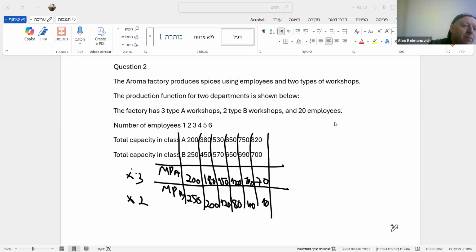Okay, so let's put them on our slots. So we begin from the biggest marginal product, which is 250. So it's labor number 1 and number 2, because we have 2 workshops of type B. After that, it doesn't matter if you put first on the A or on the B, because it's the same marginal product of 200. So let's suppose I put here number 3, 4, 5.